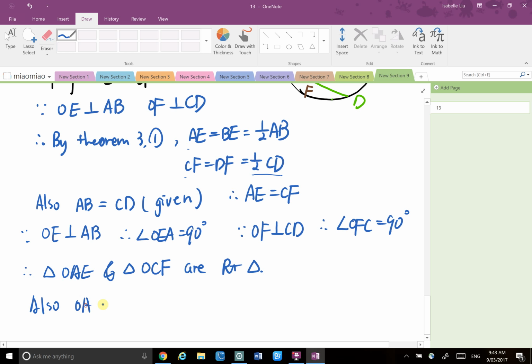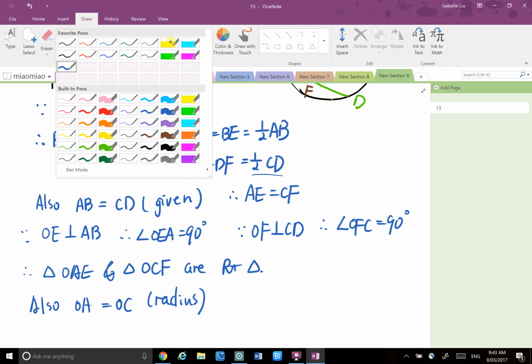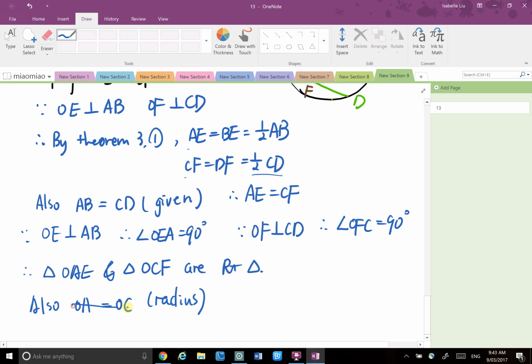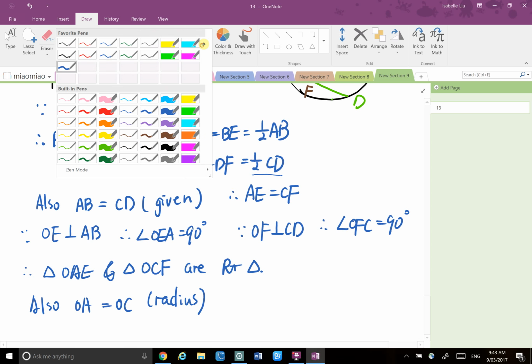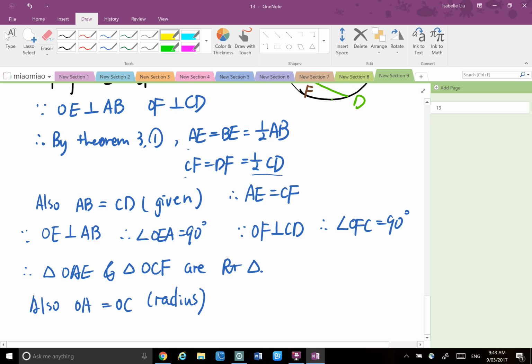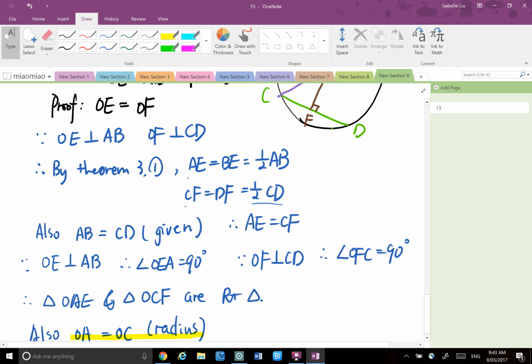Also, OA equals OC, that is the radius. So what information do you have so far? You have that one equal, and they are right angle triangles.